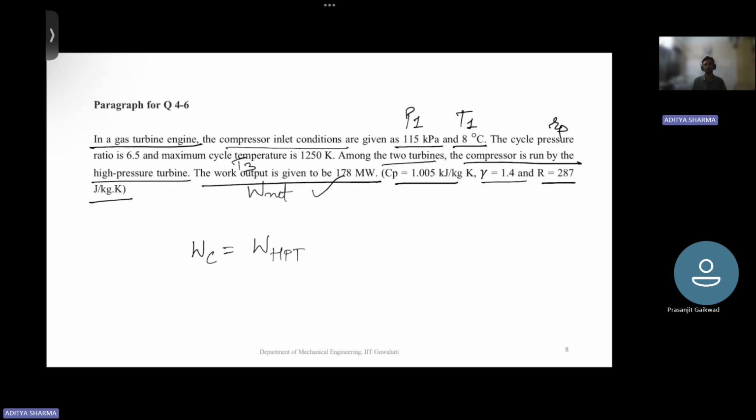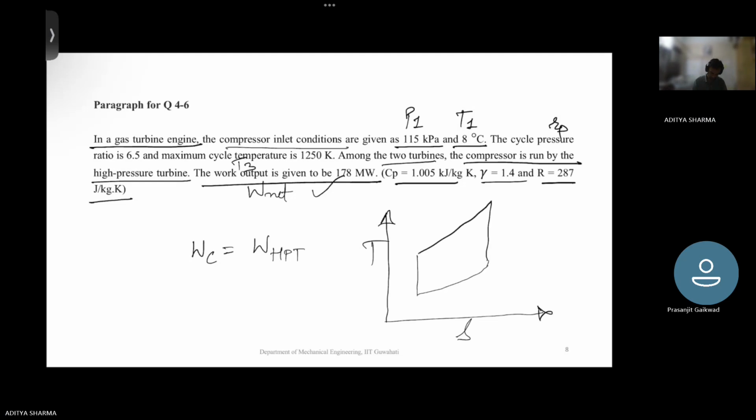All this information has been given to us. The TS diagram, if you see, this compressor with turbine.